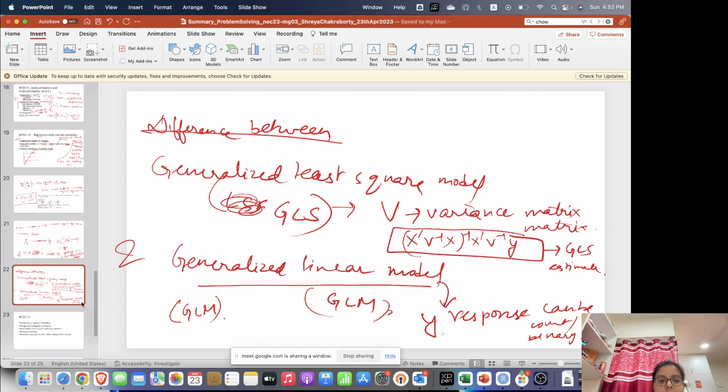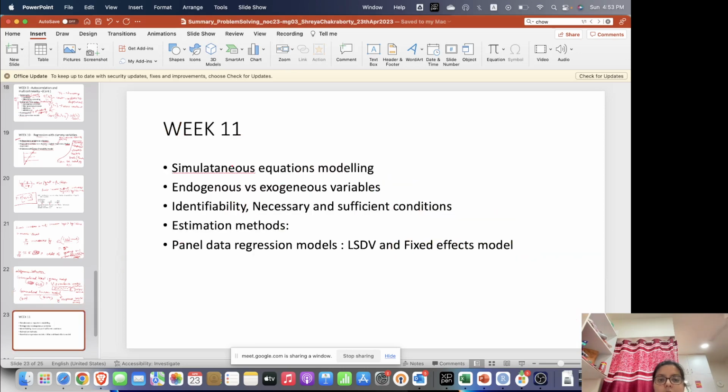All right, and then in week 11 we learnt about simultaneous equations modeling. We also learnt about endogenous and exogenous variables.